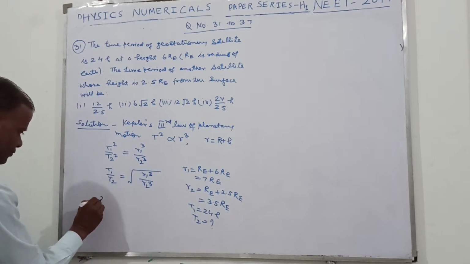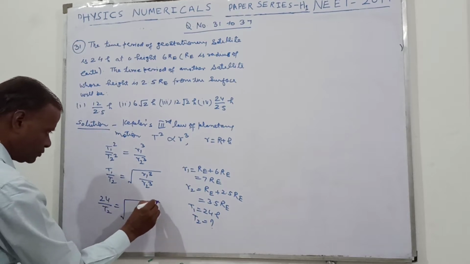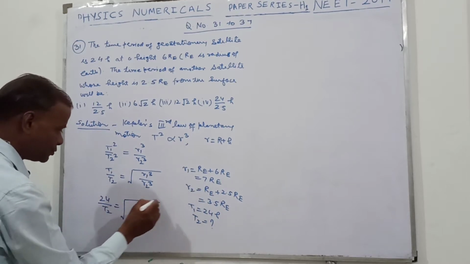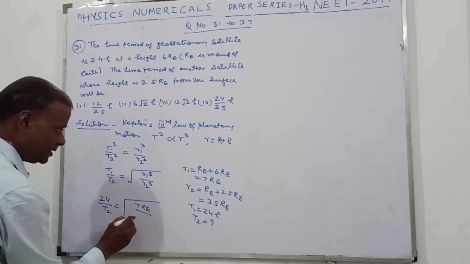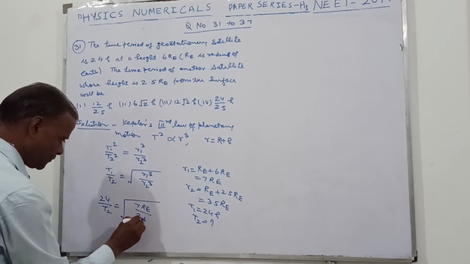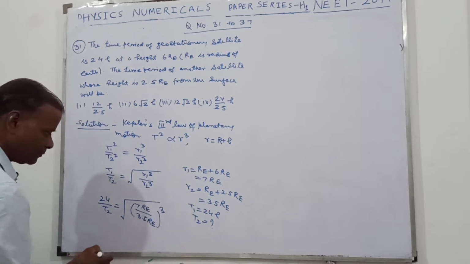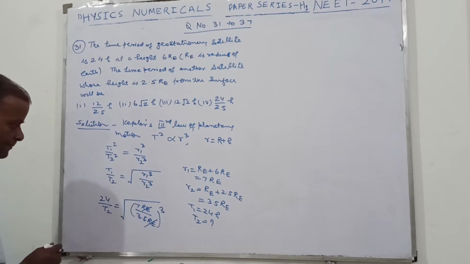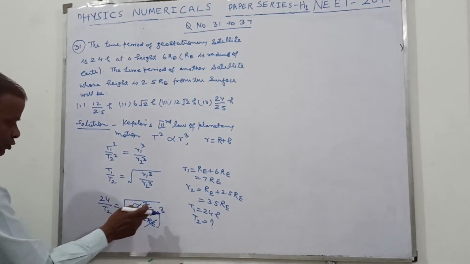So now put these values: 24 upon T2 equals square root of 7 RE upon 3.5 RE, whole cube. RE will cancel, and 7 upon 3.5 is 2. So 2 cube.